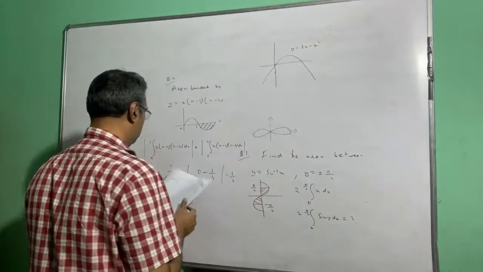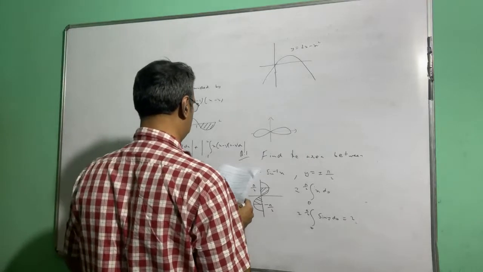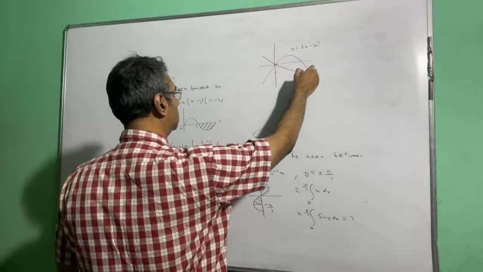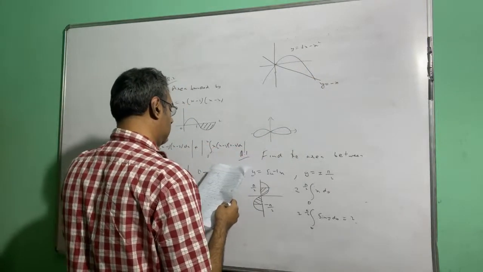Okay, the next question, the graph of y equal to 2x minus x square, and there is another graph y equal to minus x.